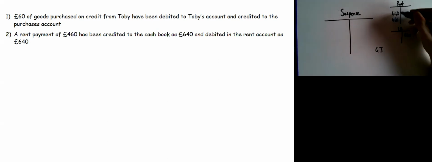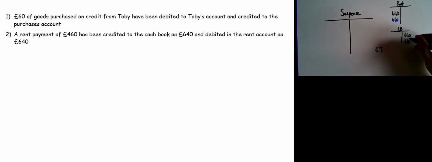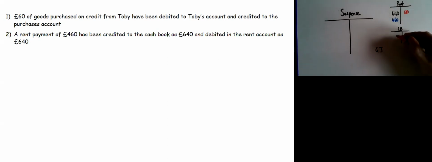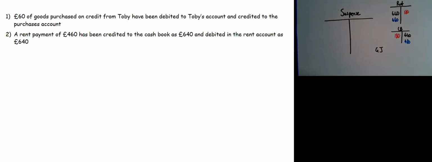It's put on the right side because it's an expense and it's going out of my cash book. So that's 180 difference. So I need to reduce this by 180 and reduce this by 180. So again, since it's the same number, I don't need the suspense account.